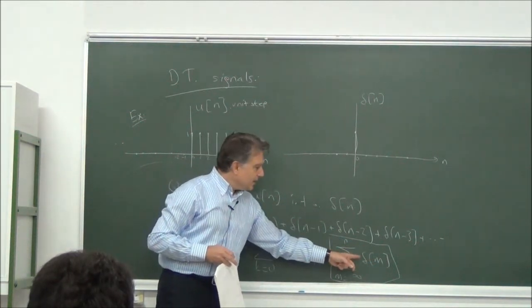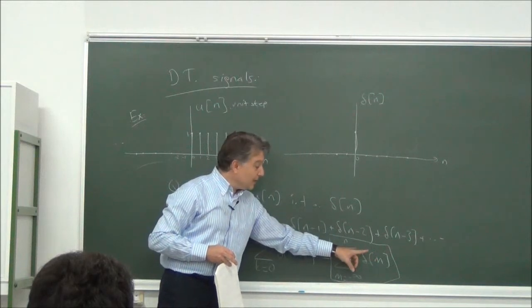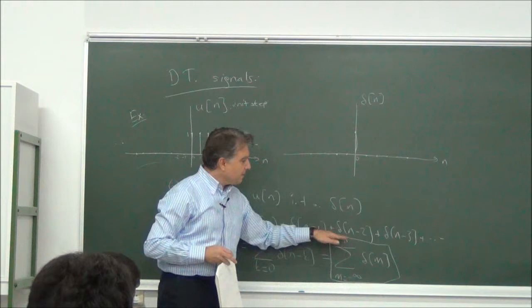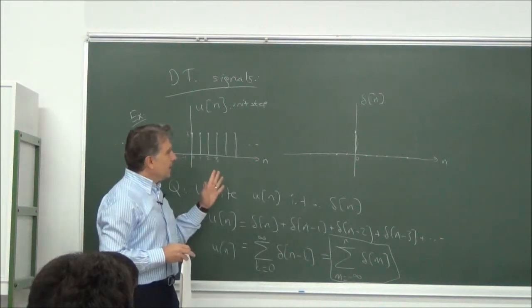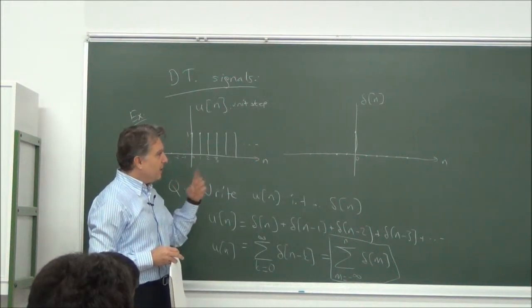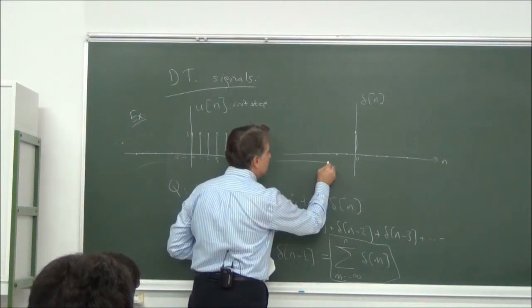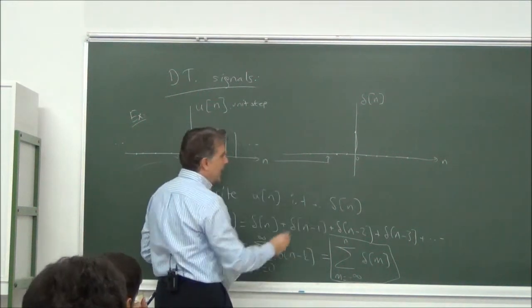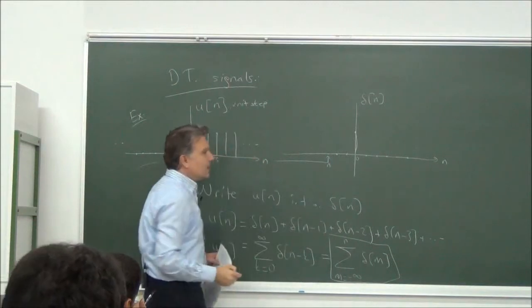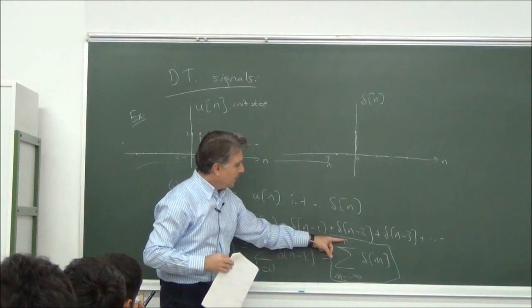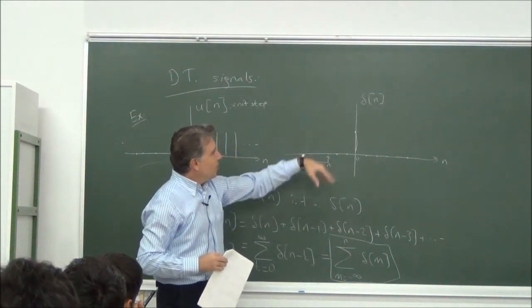Now we have delta m, where m starts from minus infinity and runs up to n. Let's verify it numerically. What's the summation of all the values up to an n value, let's say minus 3, from minus infinity to minus 3? The summation of this function.